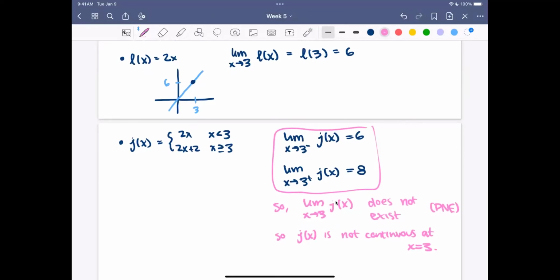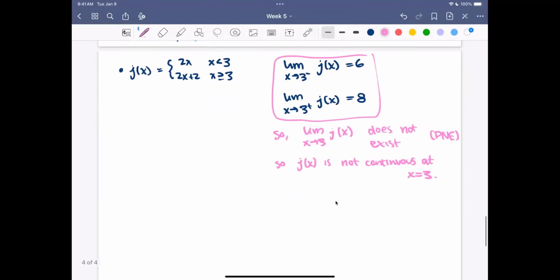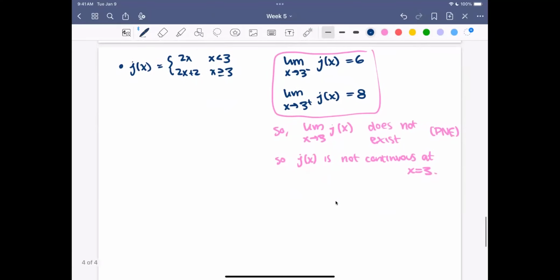Okay, how would this work for a removable discontinuity? Let's think quickly about this function r of x, where we have the value 2x when x is not equal to 3, and 9 when x is equal to 3.